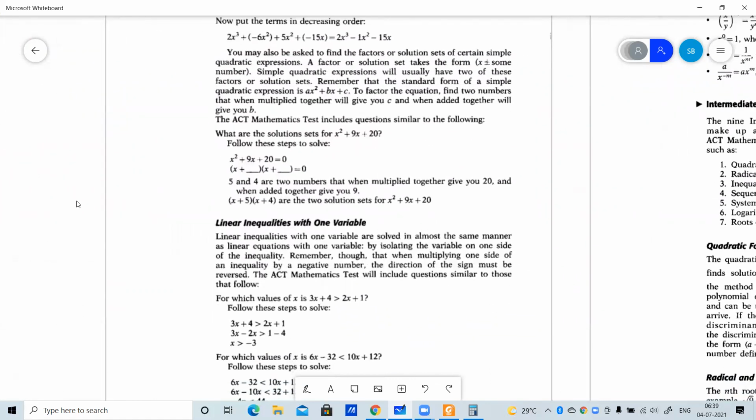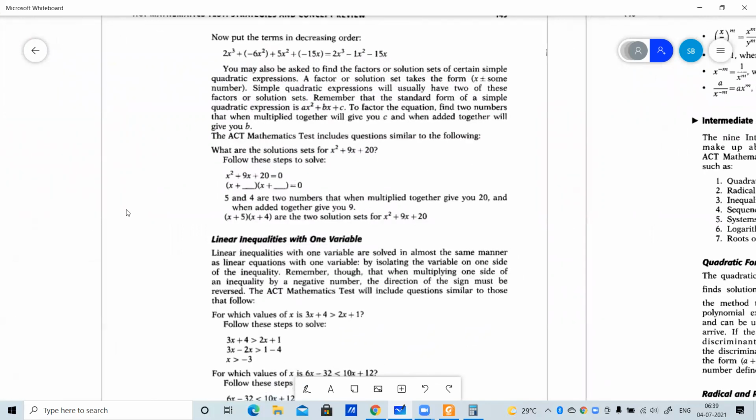All right. Now, it all makes sense to me. Wonderful. Now what we can do here is, I think linear inequalities with one variable will start in the next session. I'll give one question for multiplication, and that's it.